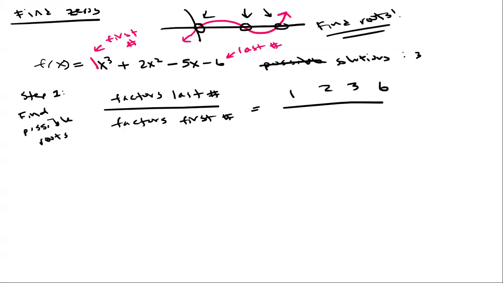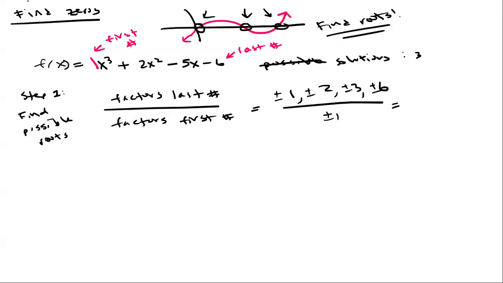Now, we also need to think about not only the positive, but also the negative numbers. Okay, so we want plus or minus 1, plus or minus 2, plus or minus 3, and plus or minus 6. So those are the factors we need to consider, not only the positive, but also the negative. And then the factors of the first number are just going to be plus or minus 1, right?